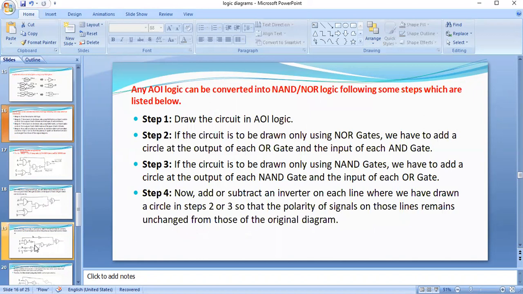The first step is, whatever expression we have, you have to draw the logic diagram using basic gates. Basic gates means AND gate, OR gate and inverter. By using these three gates, you have to draw the logic diagram.